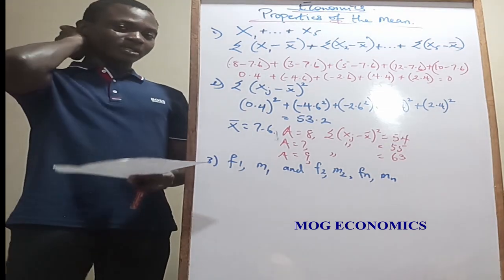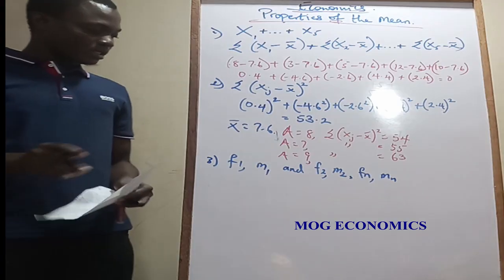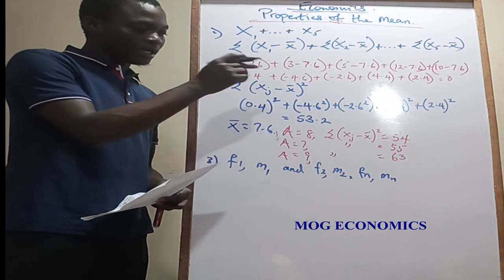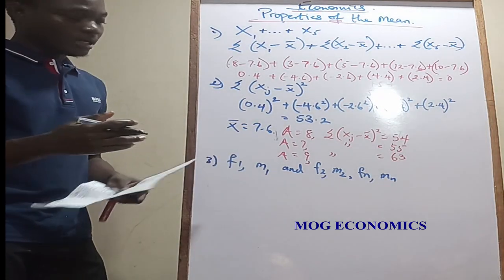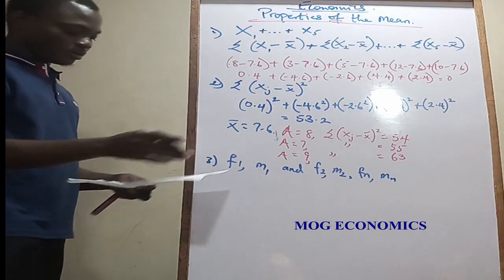Because you could be asked to calculate the overall mean. For you to get the overall mean, all you have to do is multiply F1 by M1, F2 by M2, Fn by Mn, add them together, and then divide by the sum of the entire frequencies.